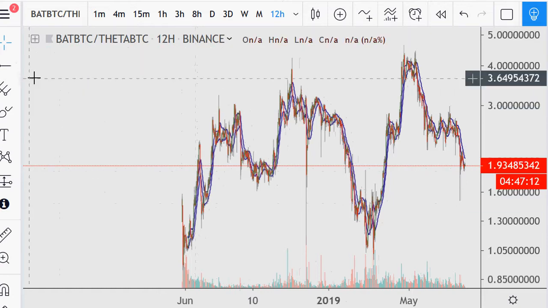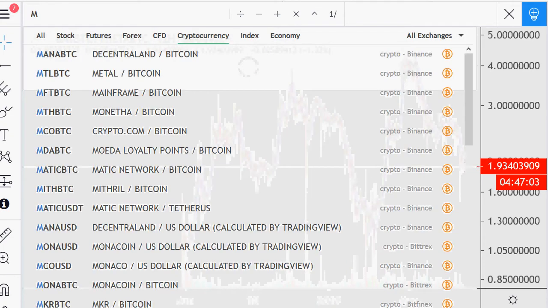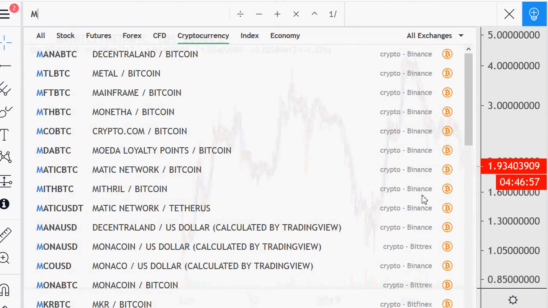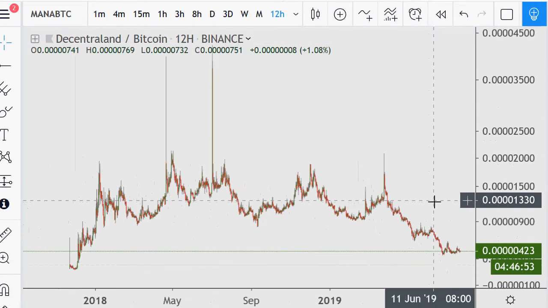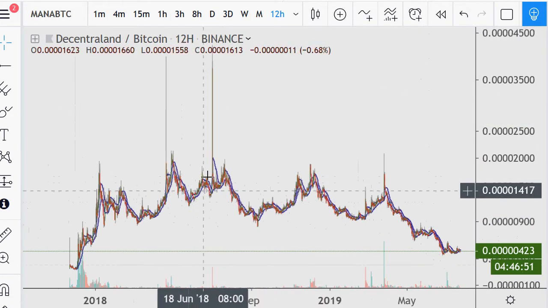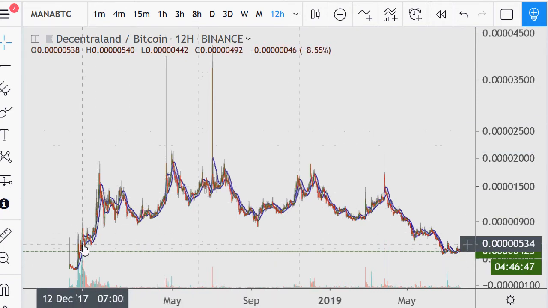Oh man, which one do I want to do? Let's see. Matic is, well, that's mainframe, mana. What's mana looking like? 423 on Satoshi. Nice volatile moves here and there. We're going back to 2018, 2017.